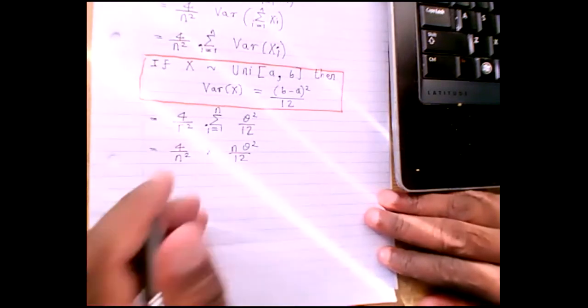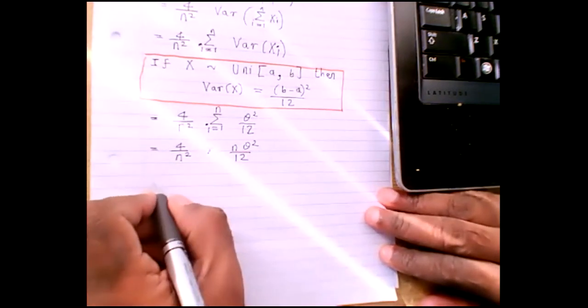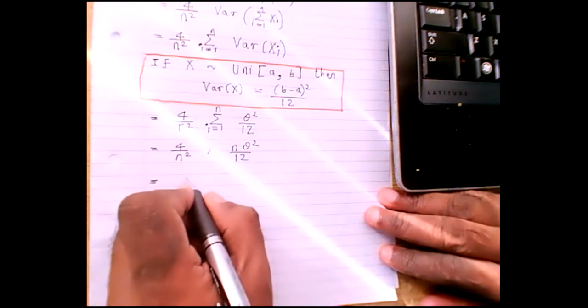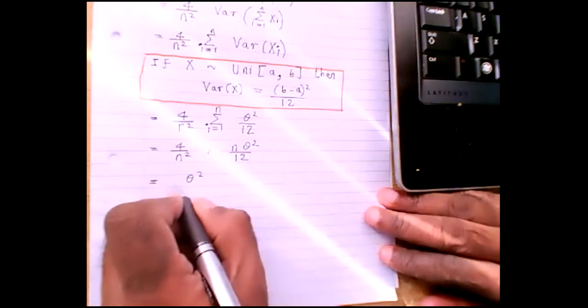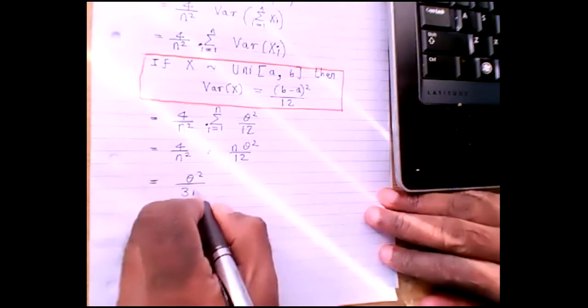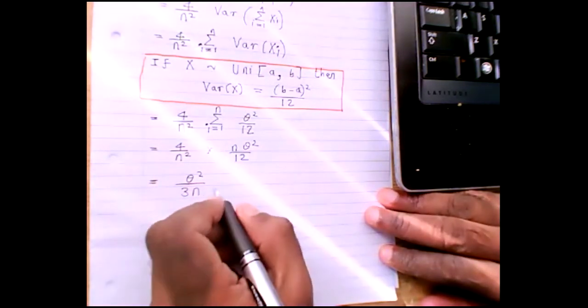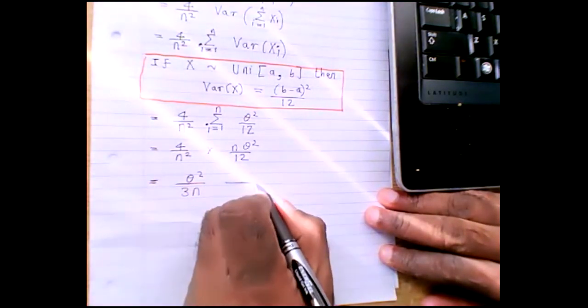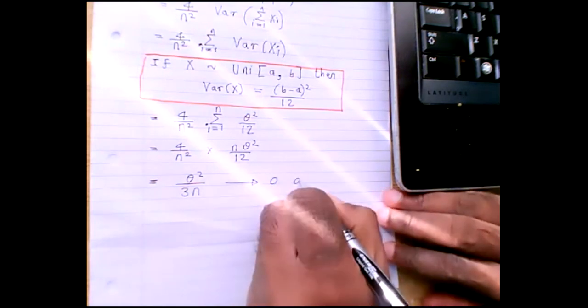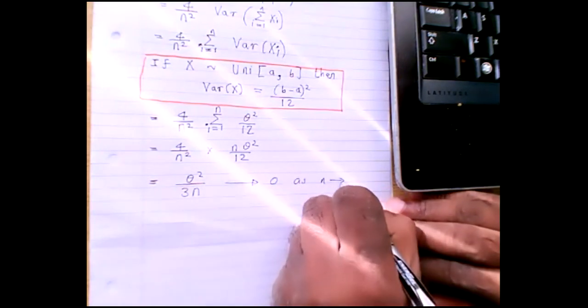And this simplifies to the following: theta squared divided by 3n. Okay, and this approaches 0 as n approaches infinity.